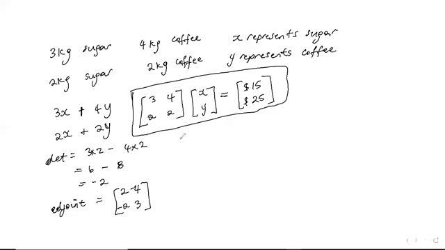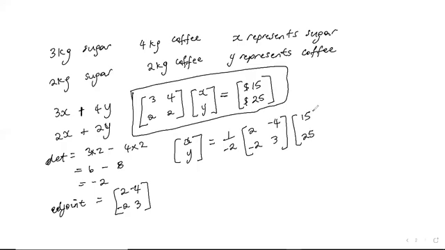So we know that x and y is going to equal 1 over negative 2, which is 1 over the determinant, multiplied by the adjoint matrix, multiplied by the 15 and the 25. We're going to multiply row times column.